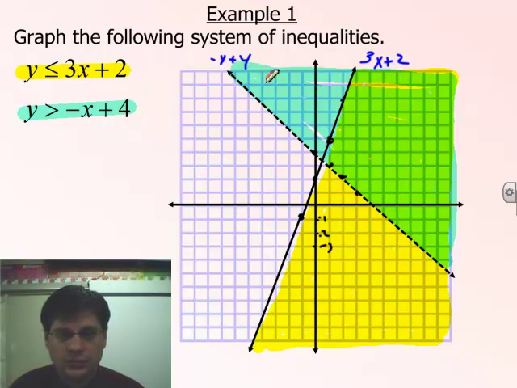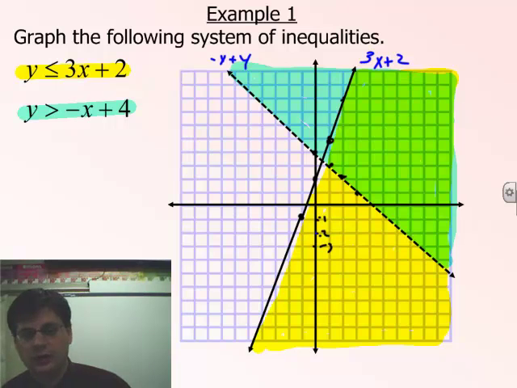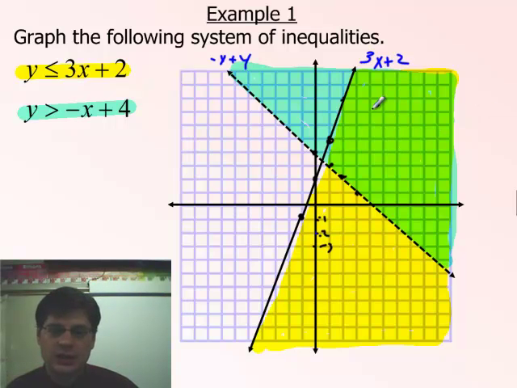Now, you'll notice it's a different color where they overlap, because I'm using two different colors. Any point in this shaded region is a solution to both. If I were to pick a point in this yellow region, it is going to be a solution for the first inequality.